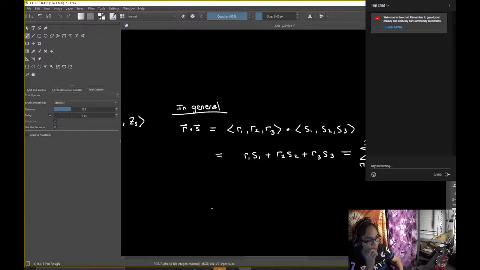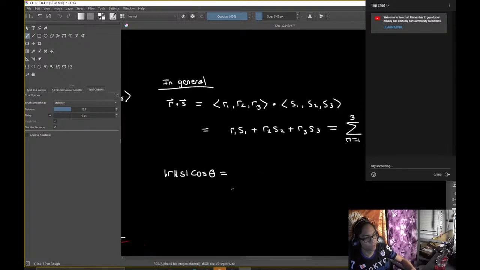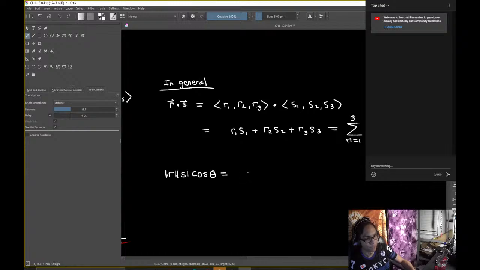However, let's try to do it from the cosine thing, right? Let's check it out. From the cosine thing, you'll get R magnitude, S magnitude, cosine theta. Let's see what this looks like. You're going to get R1 squared plus R2 squared plus R3 squared.